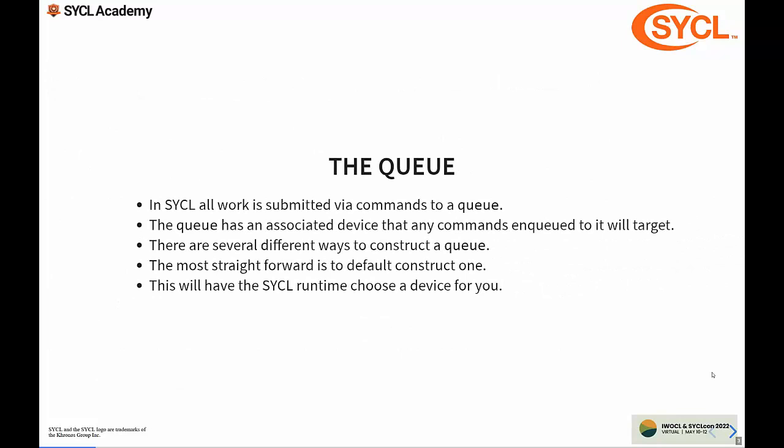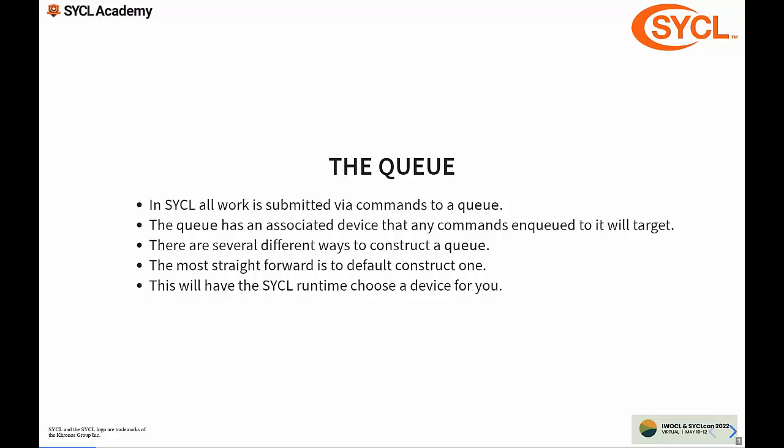So what is the queue? I would say that it's a basic principle in SYCL for how to link to a device, right? All work in your SYCL code is submitted via commands to a queue, and the queue is always associated with some device. The device may be different actually, and you can use a different constructor for the queue.